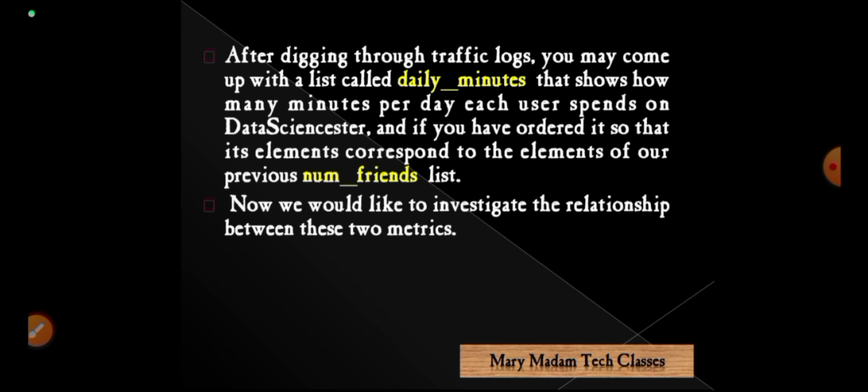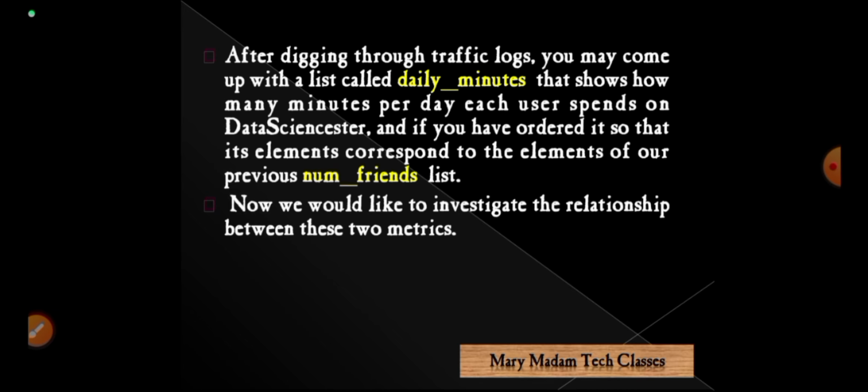To verify this, let us say after digging through traffic logs, you come up with a list called daily minutes that shows how many minutes per day each user spends on the site. And you have ordered it so that its elements correspond to the elements of our previous number of friends list. What does it mean?